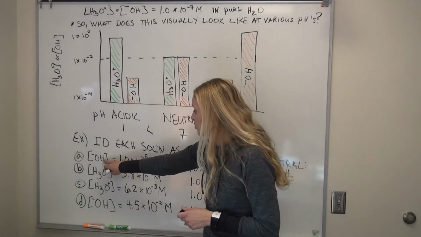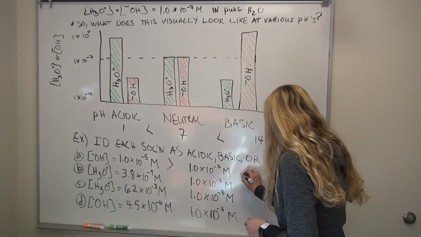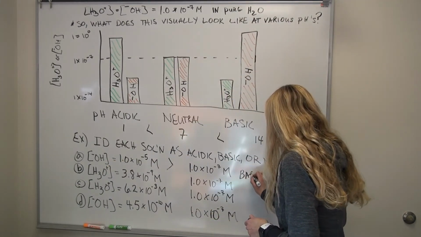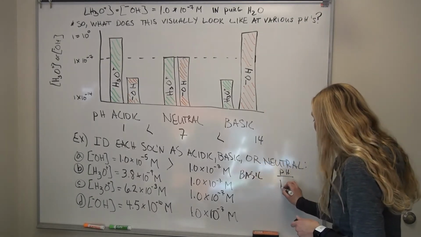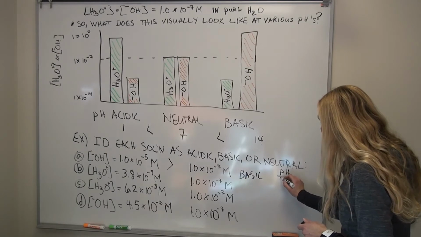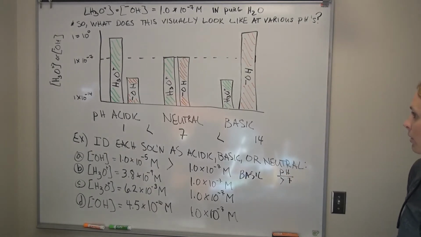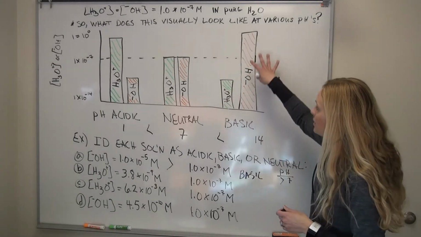So that means the hydroxide ion is in greater amount, that is a base. So this is more basic, and the pH should be a number that is greater than 7. Okay, so that is the scenario here for A.